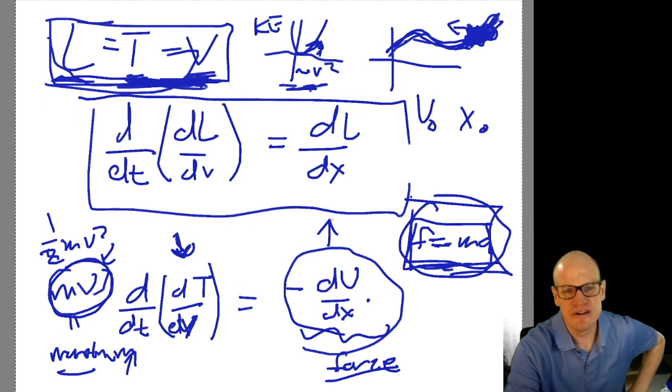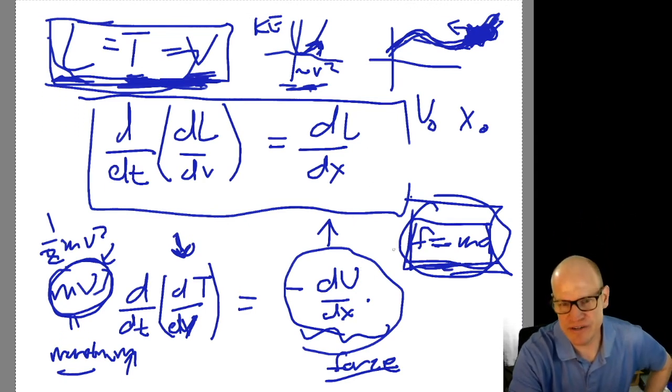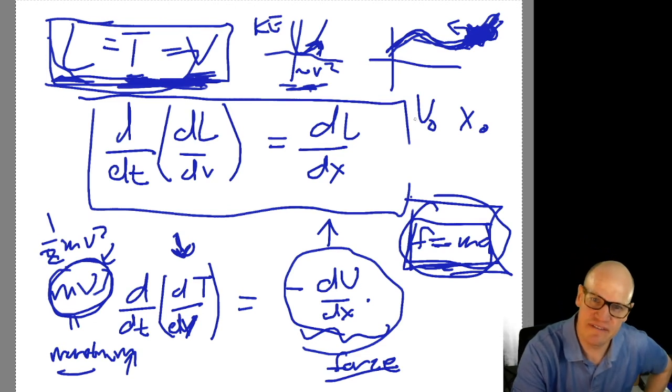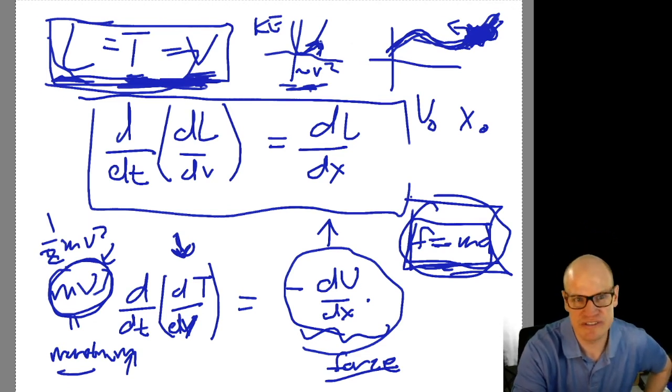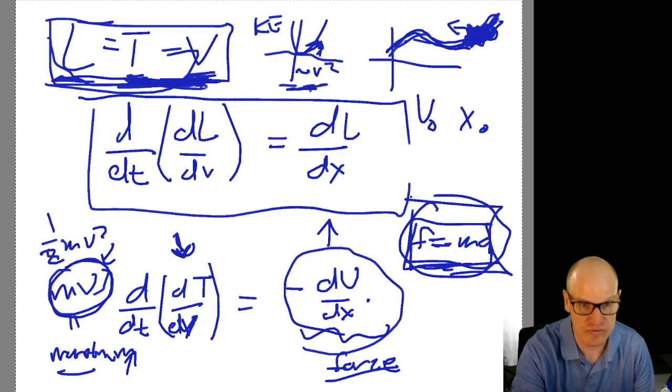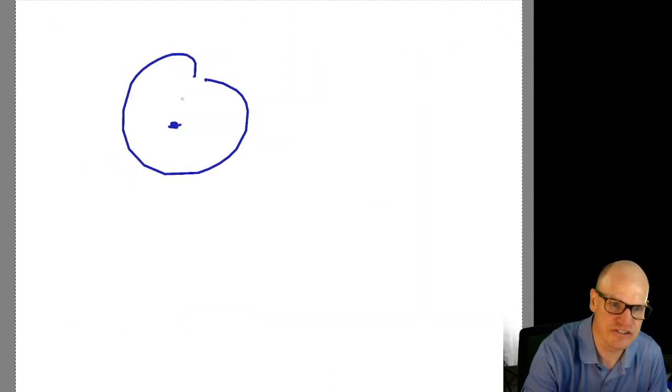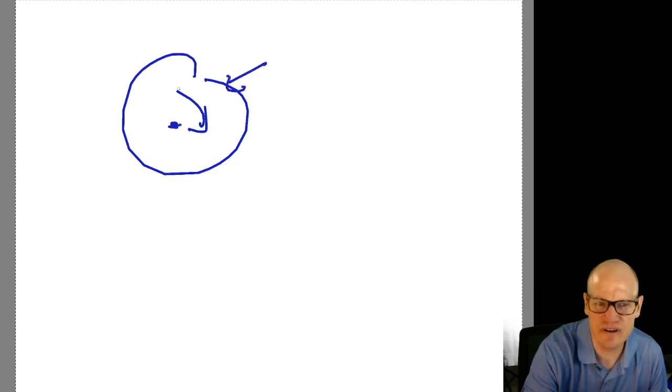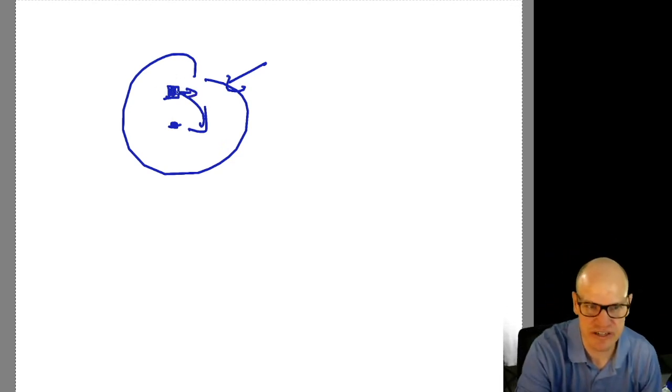And this is weird, for a variety of reasons. One is these potentials can be based upon other things, and these kinetic energies can be based upon other things. For example, you can assign a kinetic energy of rotation. So here's your object that's spinning around. And you can say, I don't care necessarily about the instantaneous actual physical velocity through space that a given chunk has.